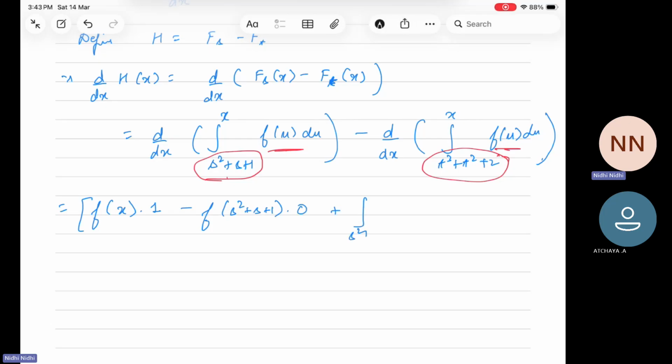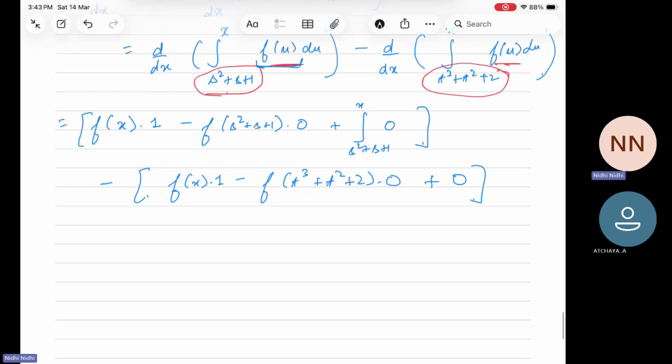Plus the integral from s square plus s plus 1 to x of the partial derivative of f(u) with respect to x. Since f(u) is independent of x, this is 0. Minus, again in this case, f(x) times 1 minus f(t cube plus t square plus 2) times 0 plus 0. So this is just f(x) minus f(x), which is 0.